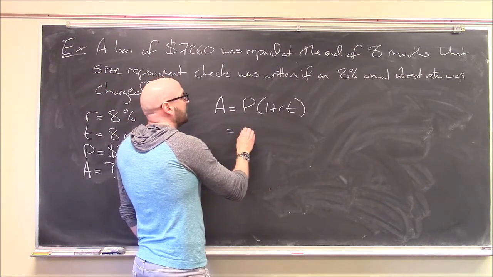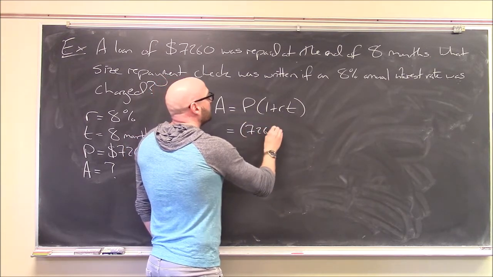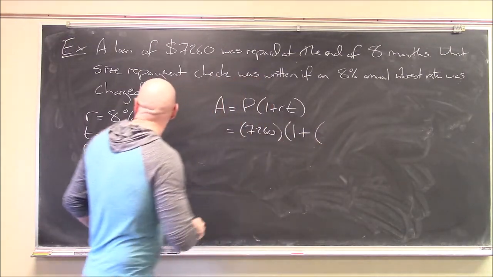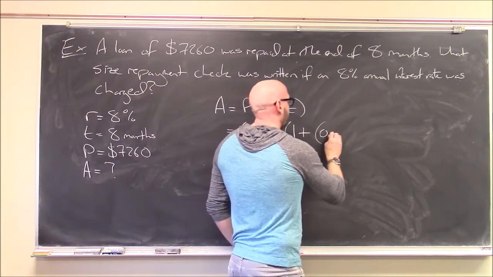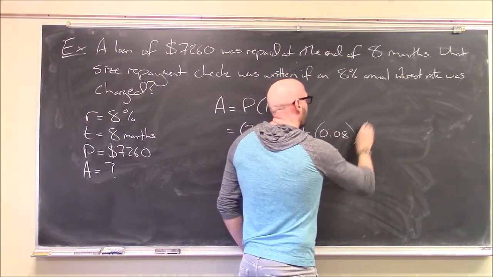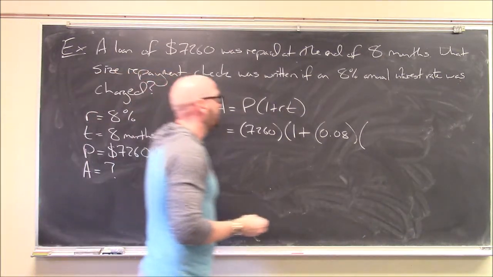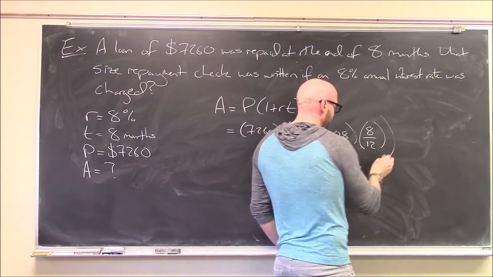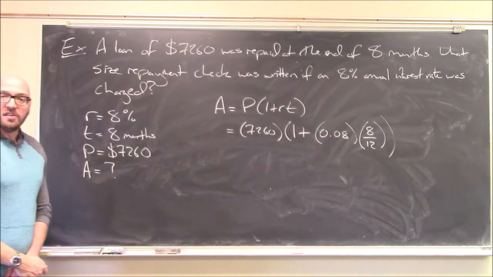So the amount repaid would have been the principal, 7,260 times 1 plus our interest rate, 8% in decimal is 0.08. And the time period, 8 months in years, there's 12 months in a year, so 8 over 12. And that's all it's asking us to compute.